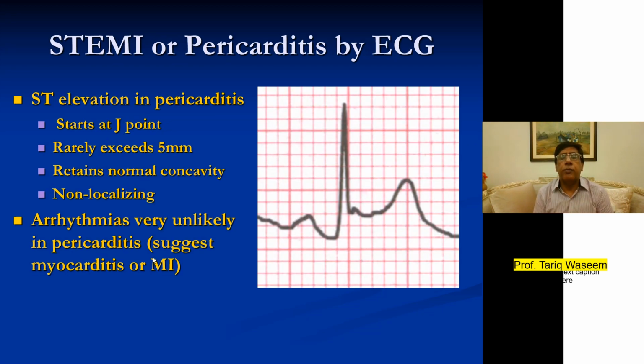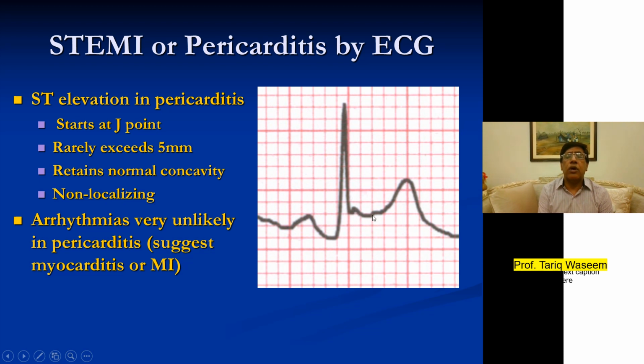As already pointed out, to differentiate between an ST segment elevation as a result of myocardial infarction, or acute STEMI, and pericardial disease, you have to notice that in pericarditis, the ST segment starts at around the J point. It hardly ever exceeds 5 millimeters, whereas in myocardial infarction it can be quite high.